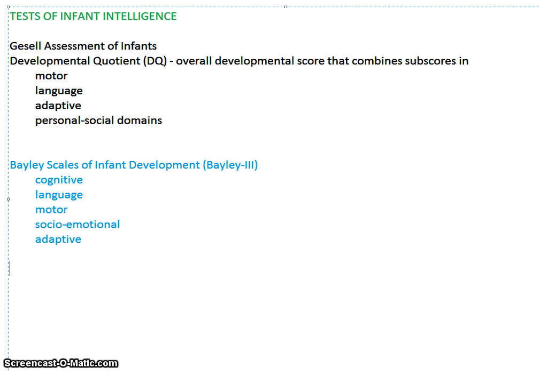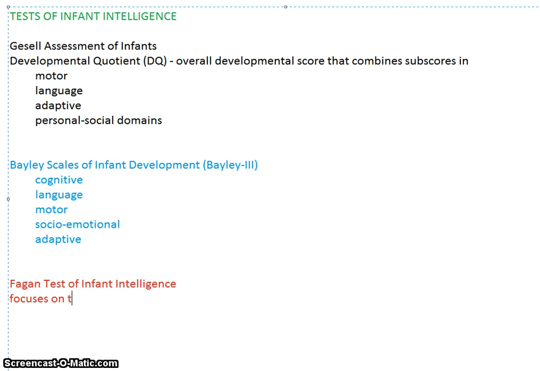And then finally, the last one to know is the Fagan test of infant intelligence. And this one is different than the other 2. There's no separate domains, subscales that it's divided into. This is really going to look at information processing abilities.